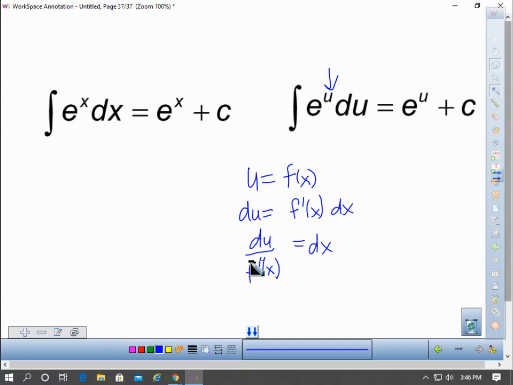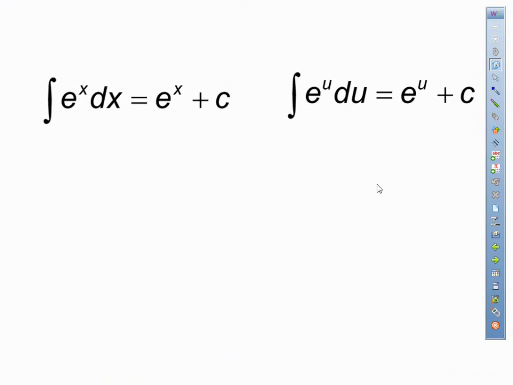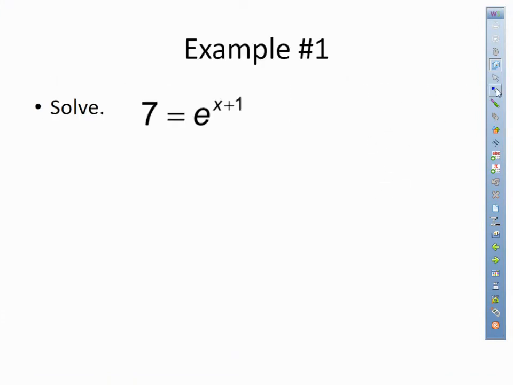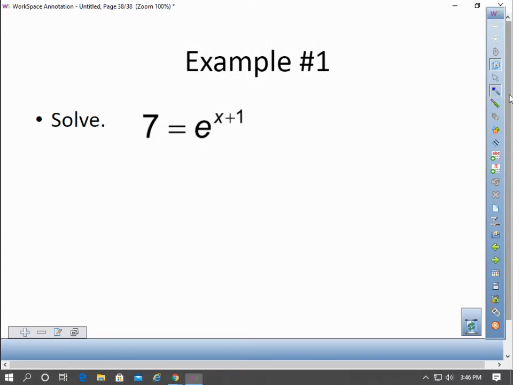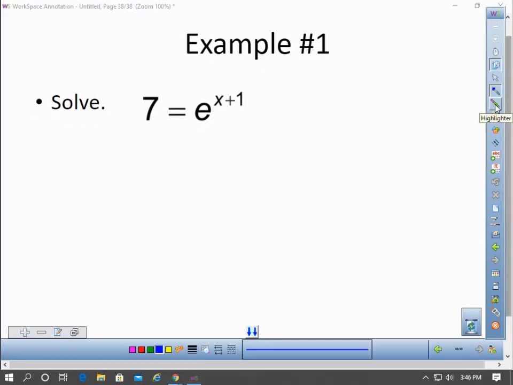You're going to end up doing u substitution when you're doing e to some other expression that's not an x. It's going to come quite natural since we've been doing some u substitution. To split this video up a little before the examples, we're just going to do the general examples and the derivative examples with this content part.